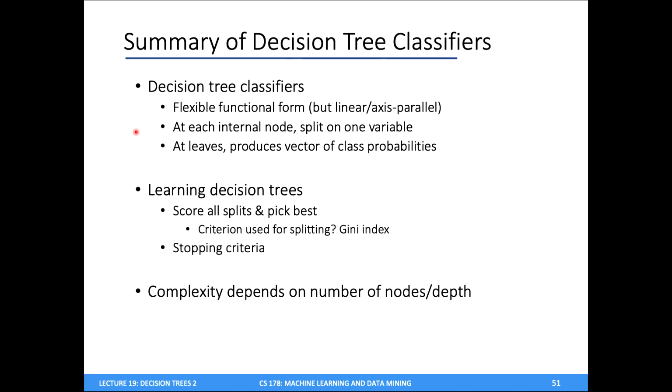And at the leaves of our decision tree, we produce probabilities corresponding to each class in our data set. In terms of learning decision trees, we saw lots of examples today. For each node we create, we score every possible split and pick the best, using the Gini index or some other criterion. And of course, the complexity of our model, this overfitting and underfitting idea, is controlled by the number of nodes in our tree and the depth of our tree.